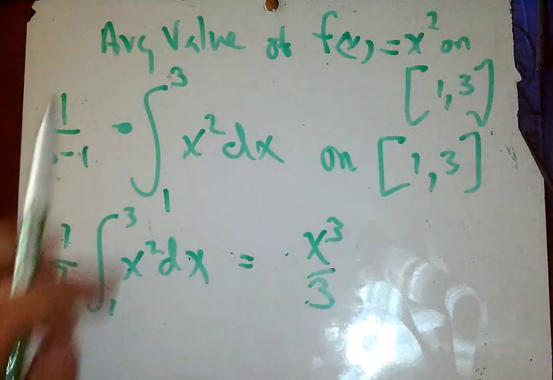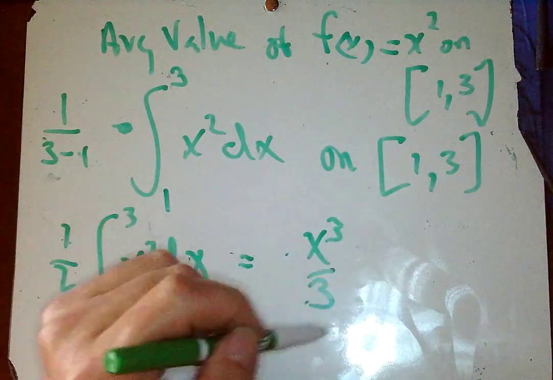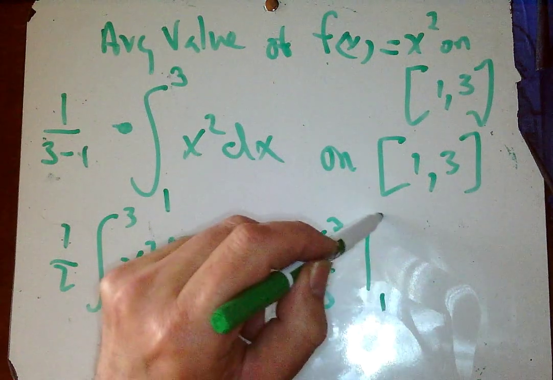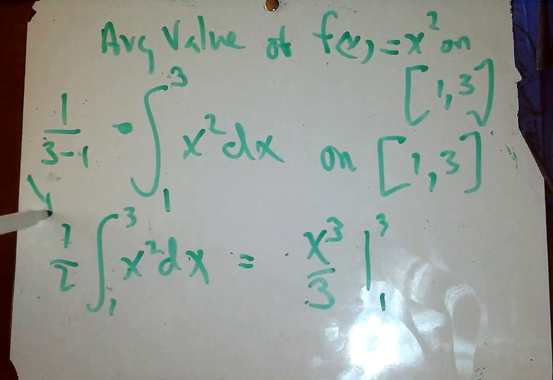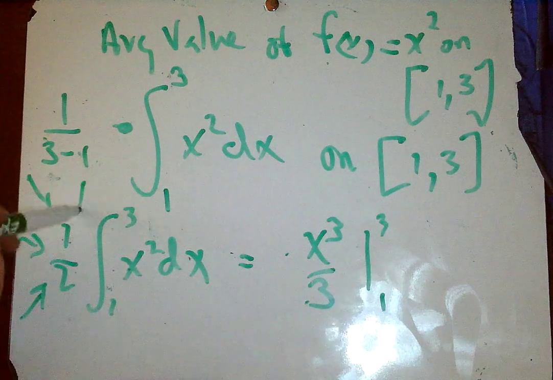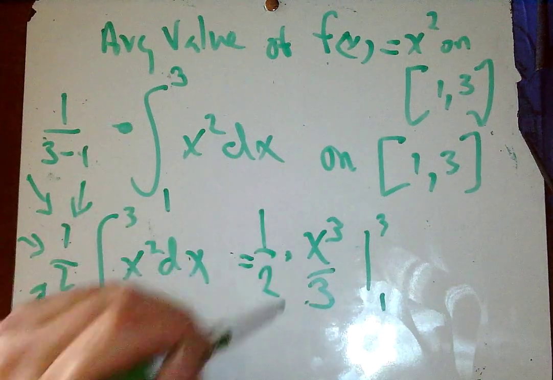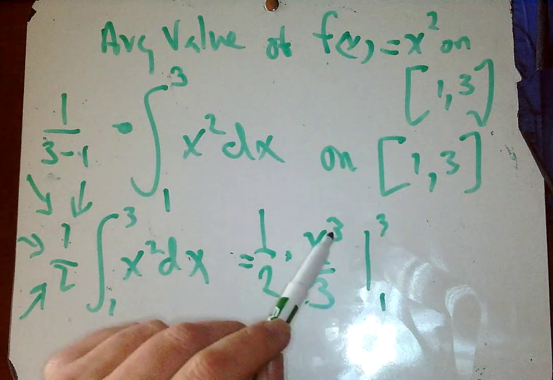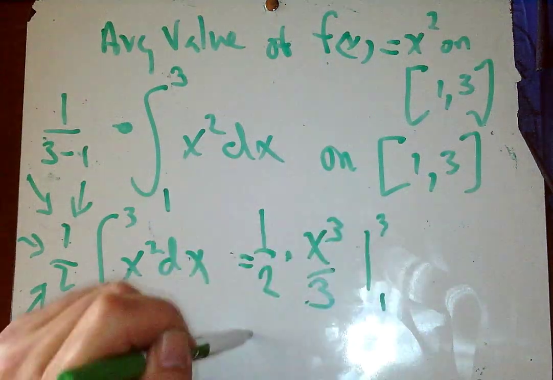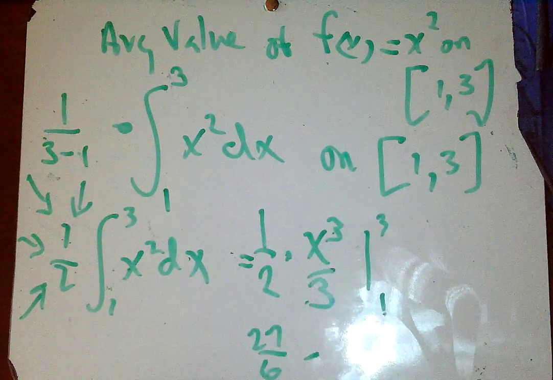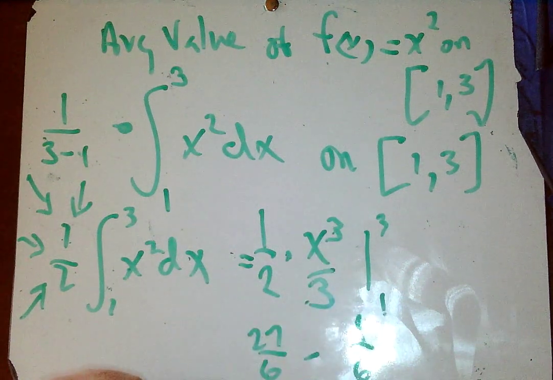This is a definite integral, it has boundaries, and so I want to take this and evaluate from 1 to 3. Remember though, there's this constant out in front here, and so guess what? That constant is still here. So if I plug a 3 in there, I get 27 over 6, and if I plug a 1 in there, I get 1 over 6.